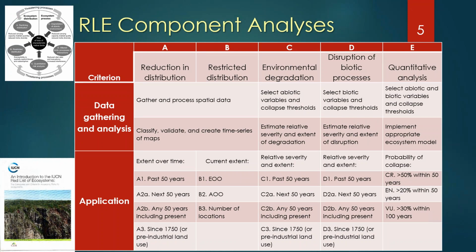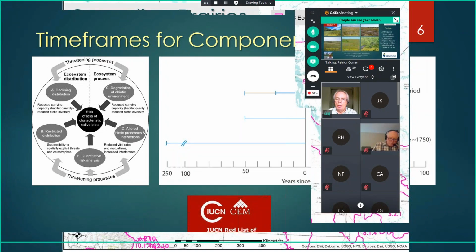So mainly what has been happening so far is a focus on criteria A, B, C, and D. And I'll talk about these components here. You'll notice, in the application, we're going to look at some of these as they relate to different time frames. There are relevant time frames when you think about component analyses.